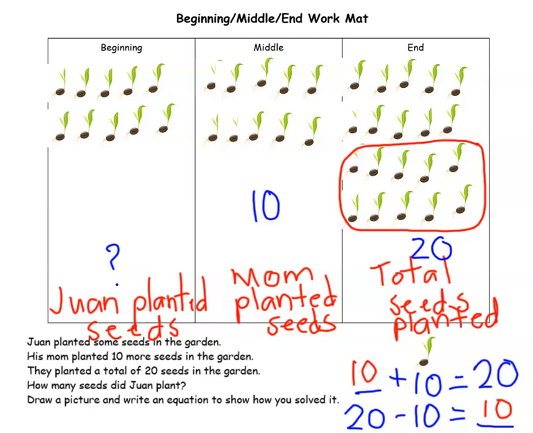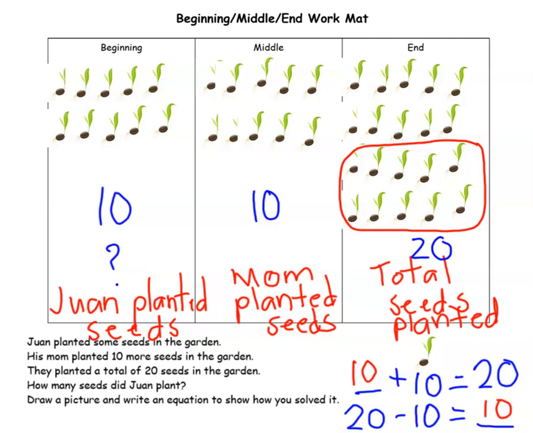He planted 10 seeds. And then Mom planted 10 more seeds, and they had a total of 20 seeds.